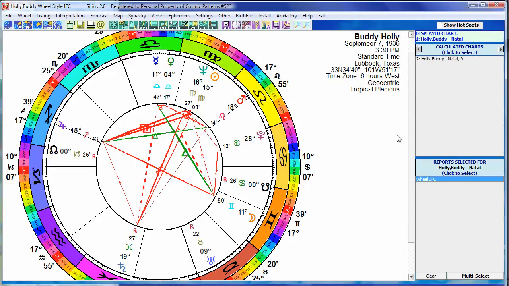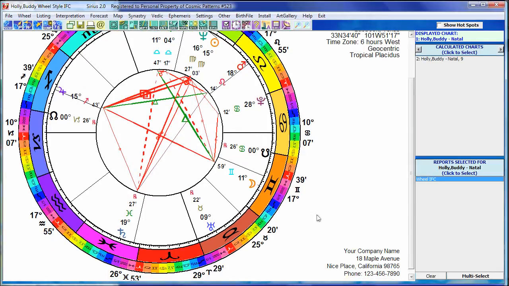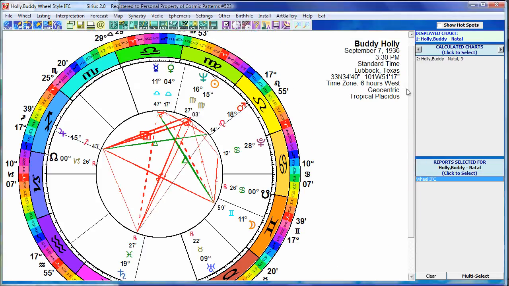What's happening is that each sign begins with the cardinal sign of the same element. So Taurus is an earth sign, and it begins with Capricorn, which is the cardinal earth. Gemini is an air sign, so it starts with cardinal air. Cancer is a water sign, starts with cardinal water, which is Cancer, same sign. Leo starts with cardinal fire, which is Aries. I'll do one more, you'll get the idea.